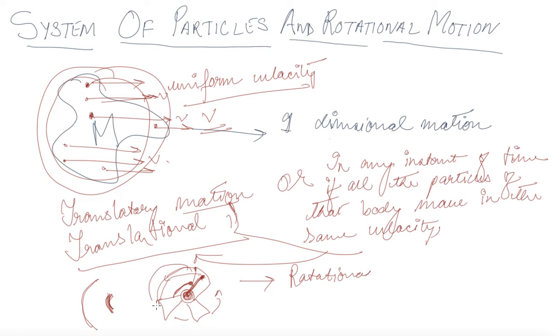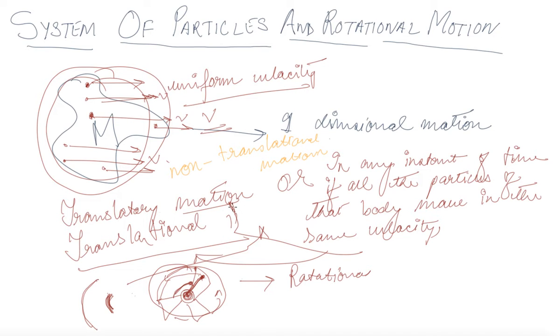Now, this type of motion which has unequal speed in equal intervals of time is known as non-translatory motion or non-translational motion.